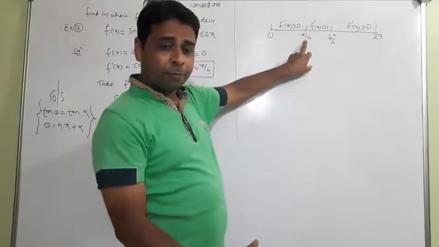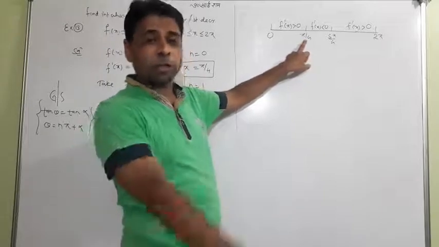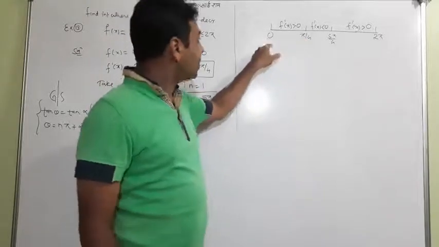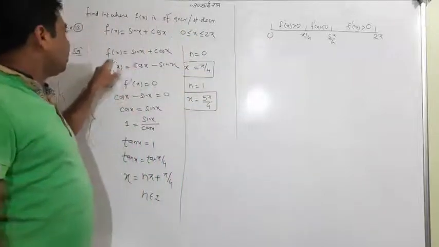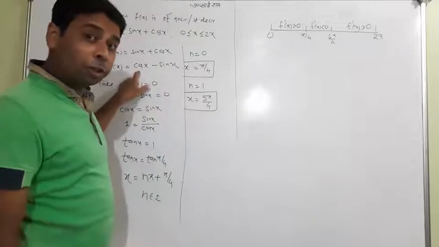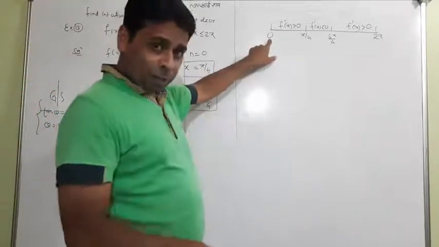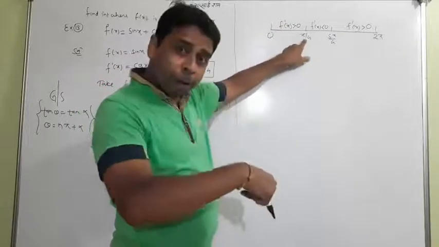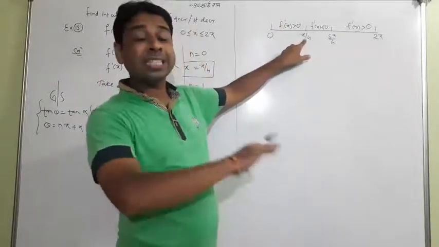So what we have got is an idea that between these two f'(x) is greater than 0. At π/4, f'(x) is equal to 0 because it is a critical point. At 0, f'(0) is cos 0 minus sin 0, cos 0 is 1, so positive. So at this point f' is positive, so it will be included. But at π/4, f' was 0, it is excluded.